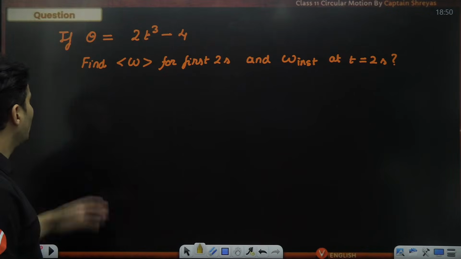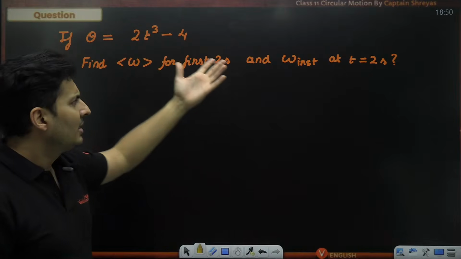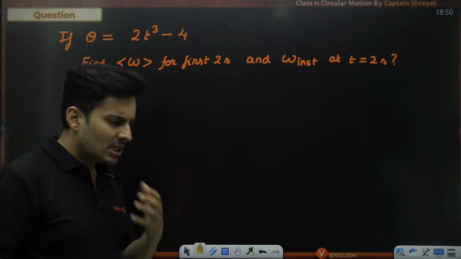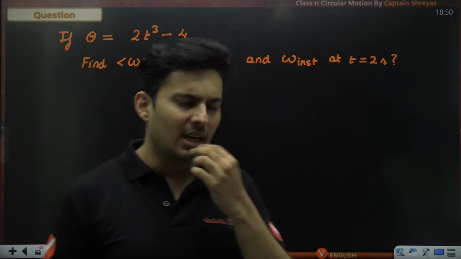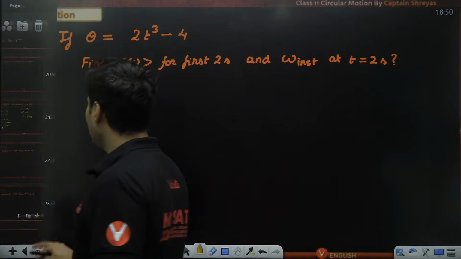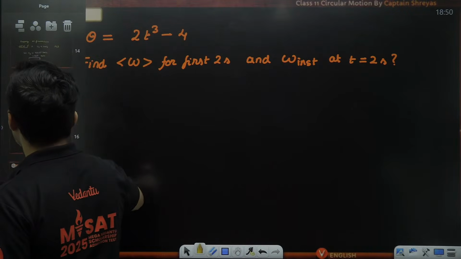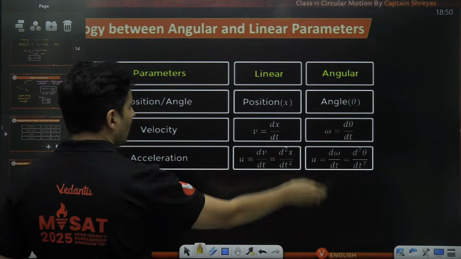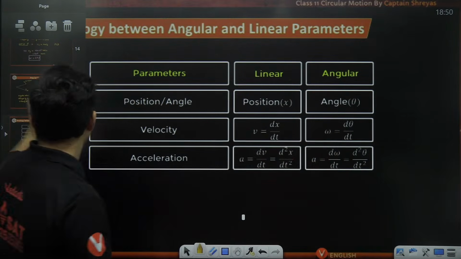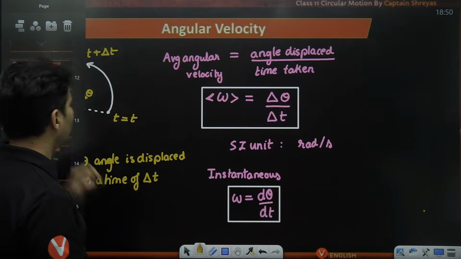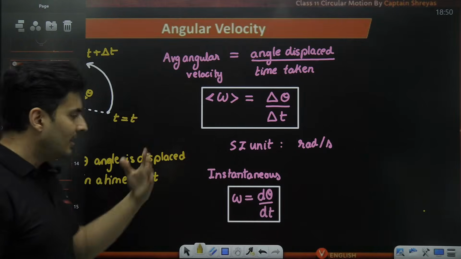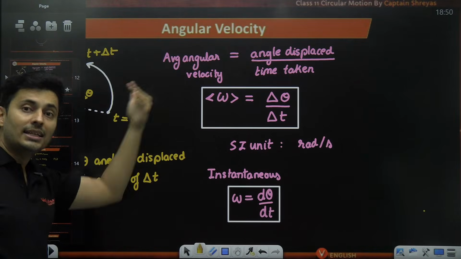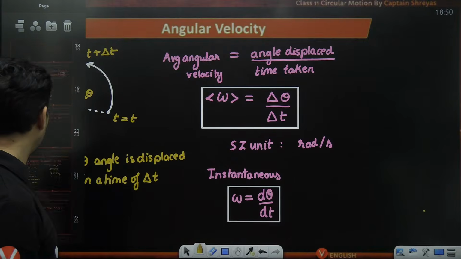If theta is given, if I have to find instantaneous, I just told you about the derivative formula, right? Omega instantaneous is d theta by dt. Average is delta theta by delta t.